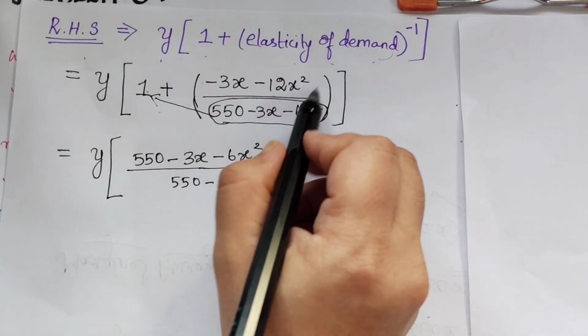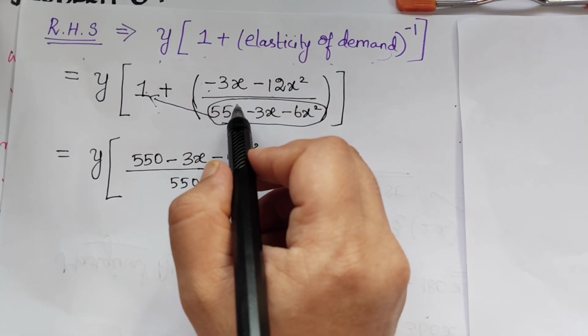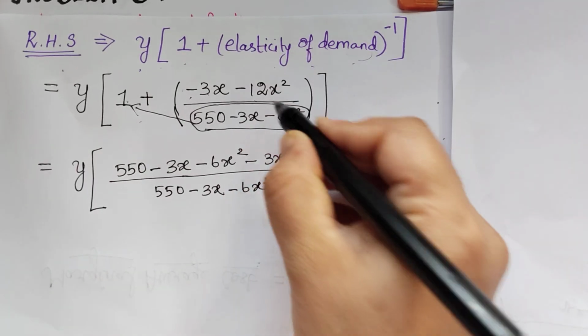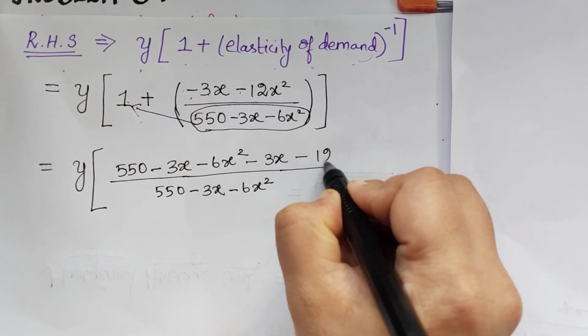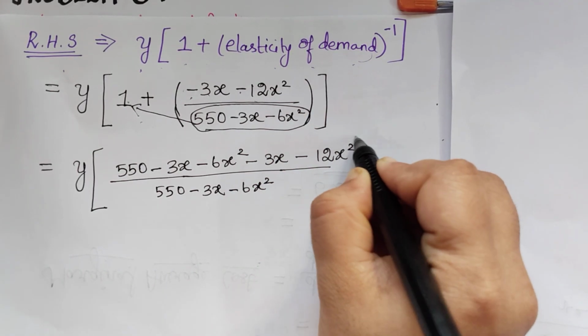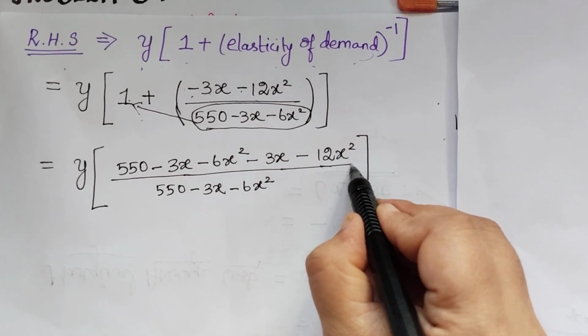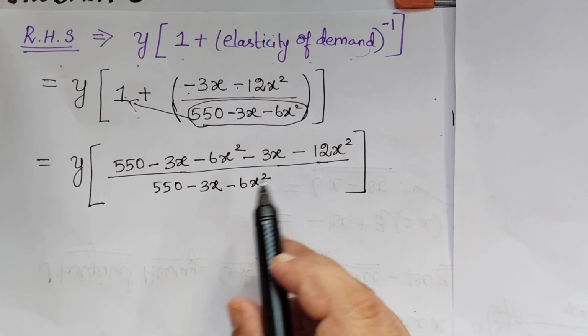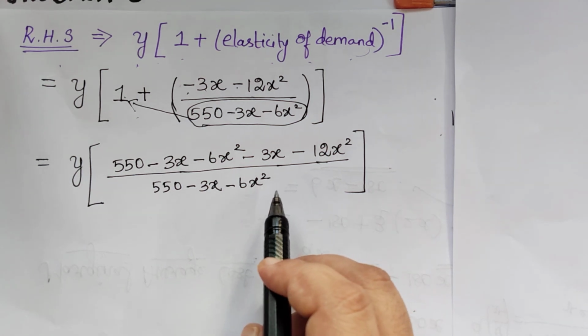And then we have to write this term. So it will be minus 3x minus 12x square. Yes. Now we shall see what are the terms that get cancelled, or we can simplify this further.